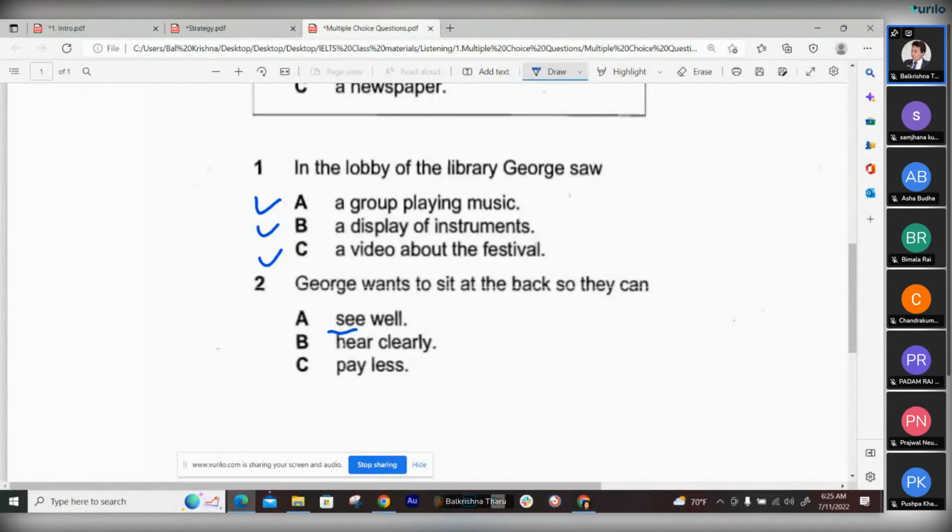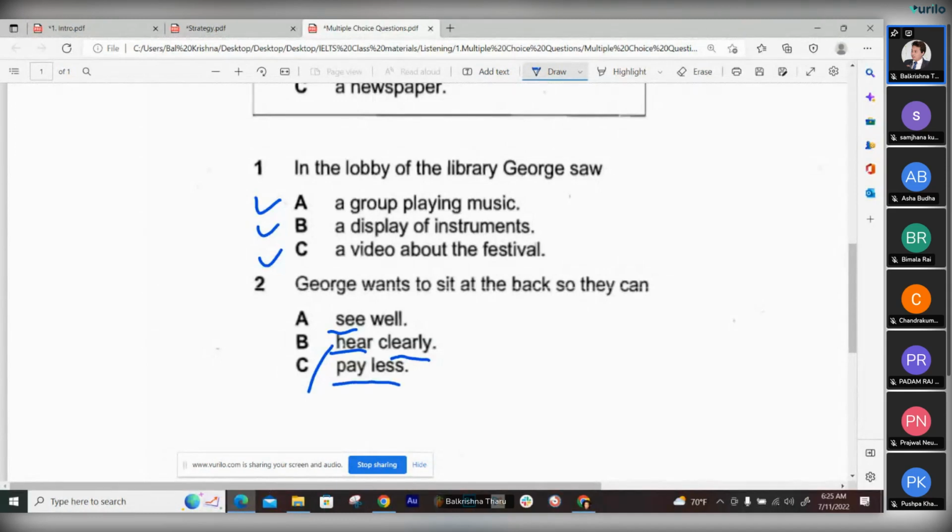Well, the speakers might say witness or watch. The speakers might not use the word hear. They might say listen to, right? The speakers might not use the word clearly. They might say clarity, right?